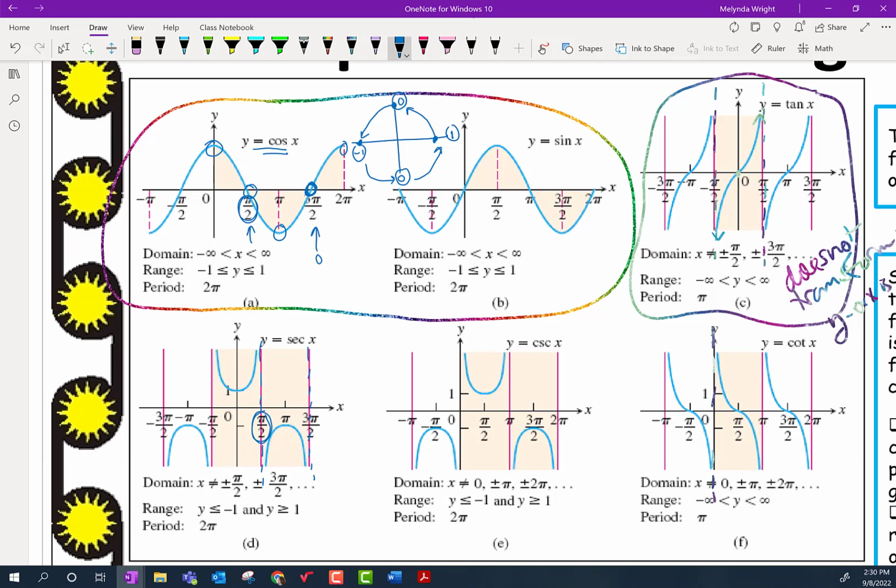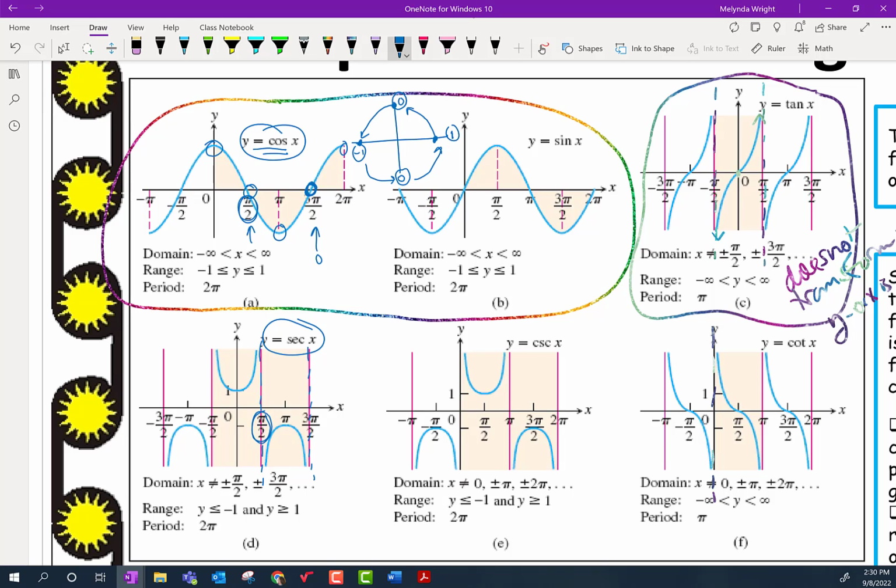And when we graph secant and cosecant, I'm actually going to show you how to graph it using sine and cosine. I think it just makes our lives easier. But that's why those pink lines, which represent asymptotes, are there. It's because that's where its reciprocal function, in this case cosine, is 0.